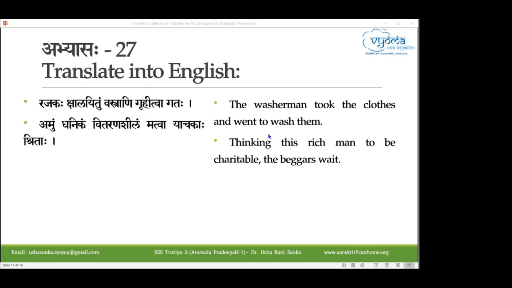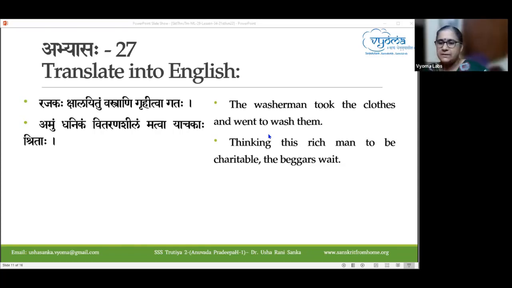Can we say then, considering this rich man to be charitable, the seekers approached him? Yes, correct, that we can also use. Thinking, considering, expecting. Matva can be expecting in some sense. In this context we can use expecting also, because it involves a lot of expectation. Somebody goes for money, it's all about expectation. So we can use that word, no problem.